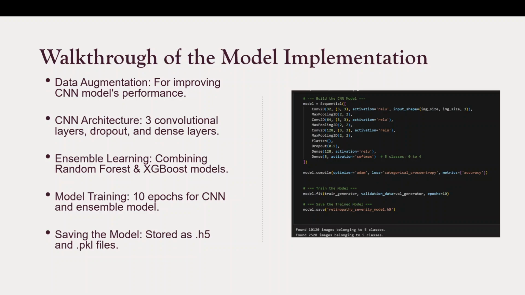The CNN includes convolutional layers, max pooling, and dropout to classify retinal images into severity classes. For diabetes, the voting classifier combines random forest and XGBoost to improve prediction accuracy. Both models are trained using SMOTE resampled data and a train generator. After training, the models are saved using joblib and TensorFlow Keras for deployment.